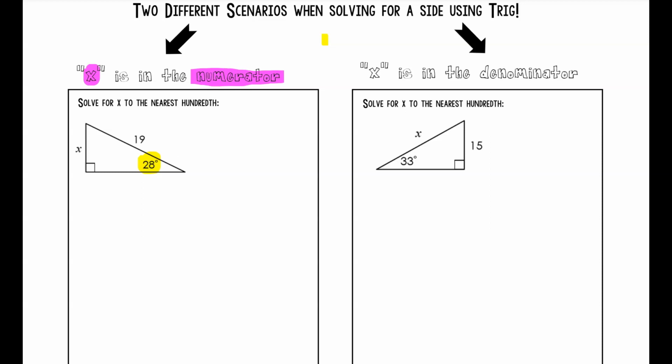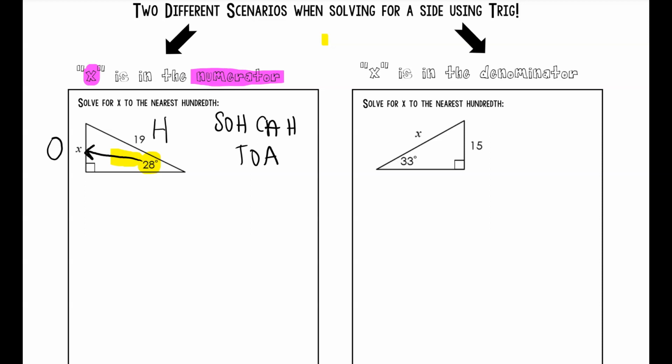When I'm standing at 28 degrees, the X is the opposite side. The 19, no matter what, is the hypotenuse. So the trig function we're going to be using here is sine. I'll write the acronym here, SOHCAHTOA.